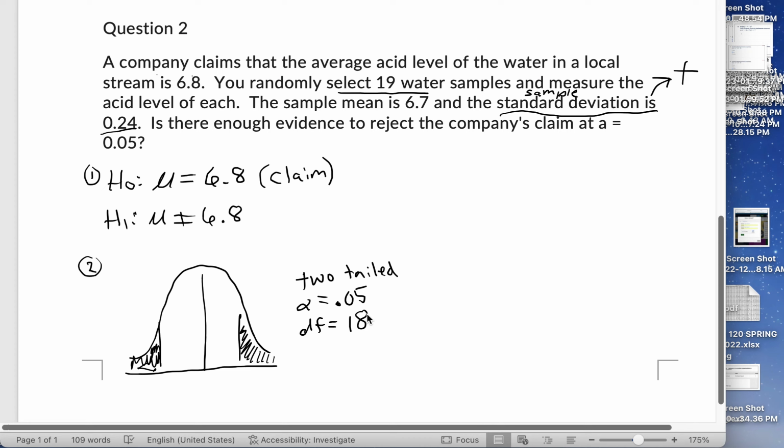Two-tailed, 0.05, and down to 18, 2.101 is what I'm looking at. So that is going to sit here, 2.101, and also over here, negative 2.101. And that will take care of part 2.